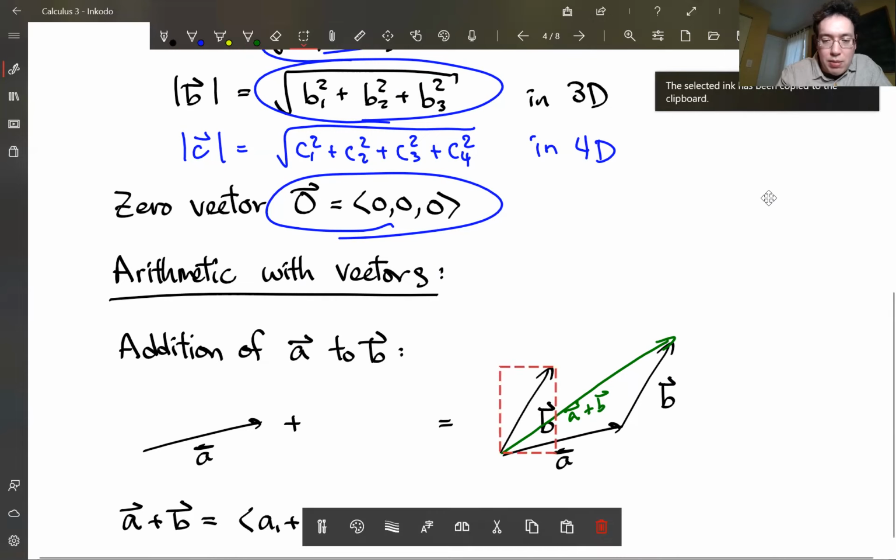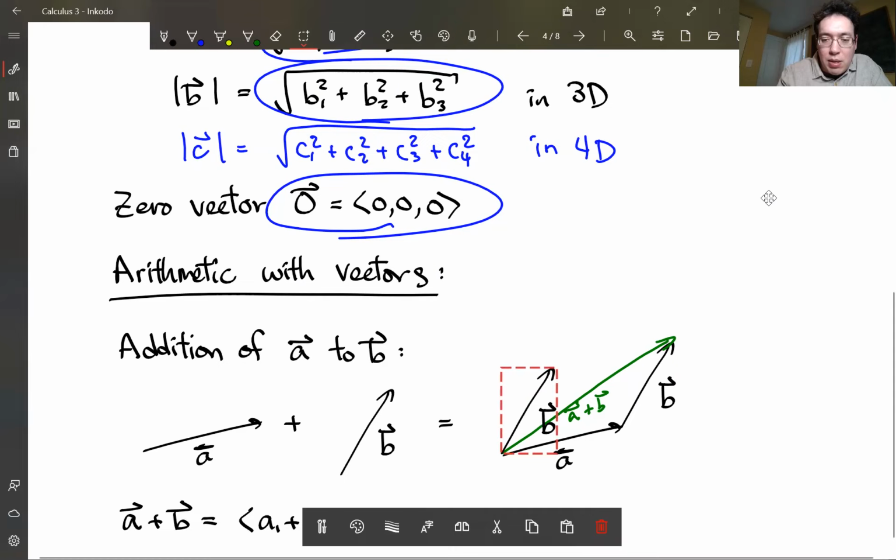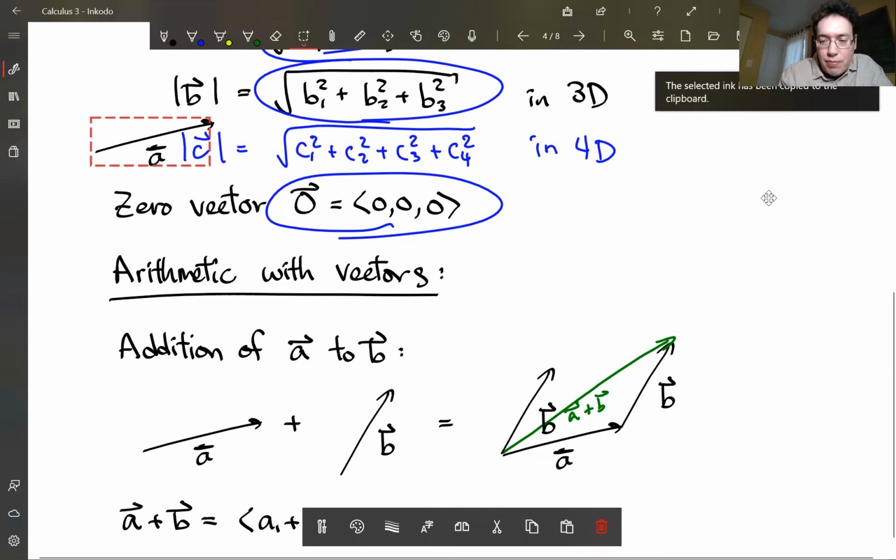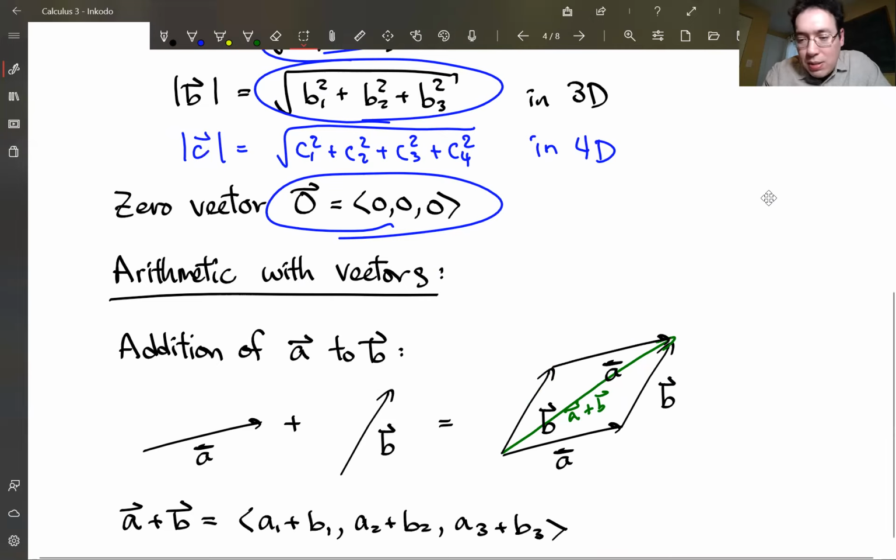So if you can imagine vector B here. Oh, I didn't want to move them. I just wanted to copy them. Okay. And look at the vector A after B. Notice it makes a parallelogram, and the diagonal across this parallelogram is going to be the addition of those two vectors. So it doesn't matter which way you add them.